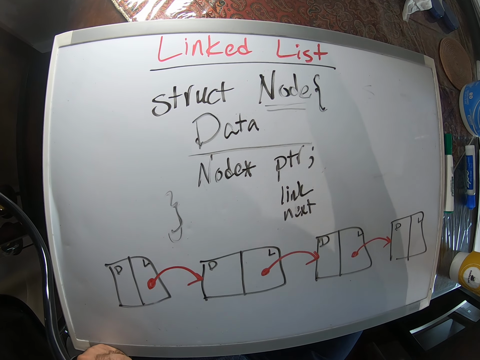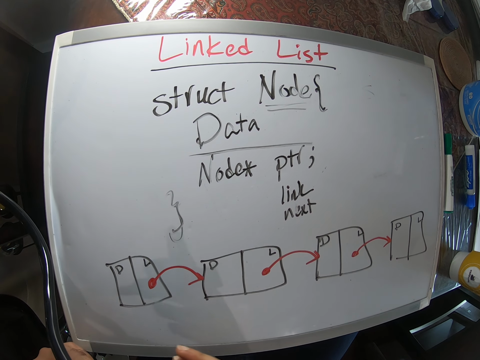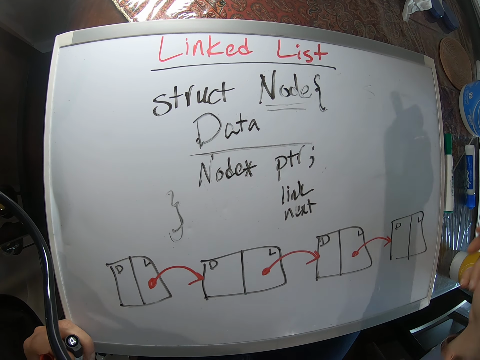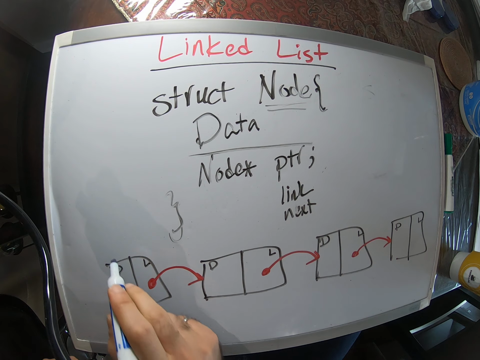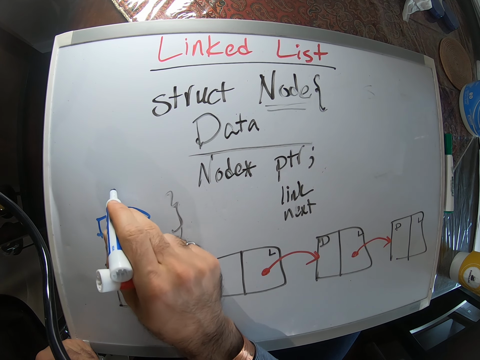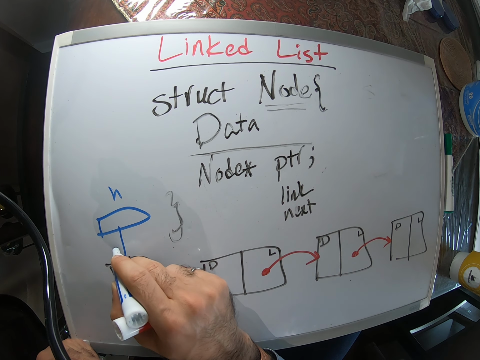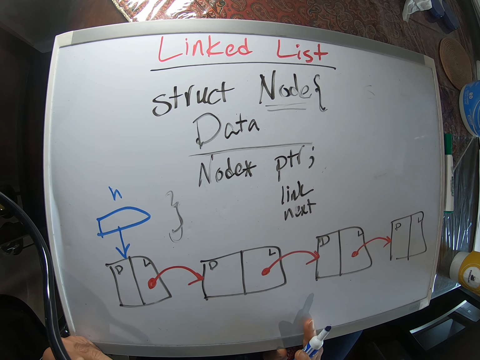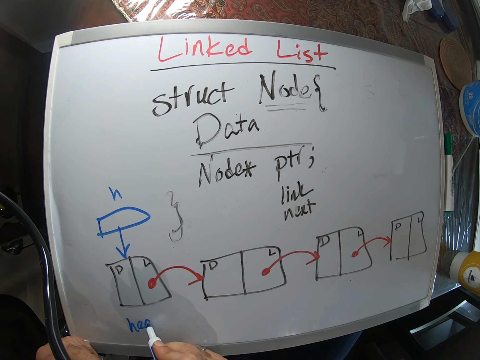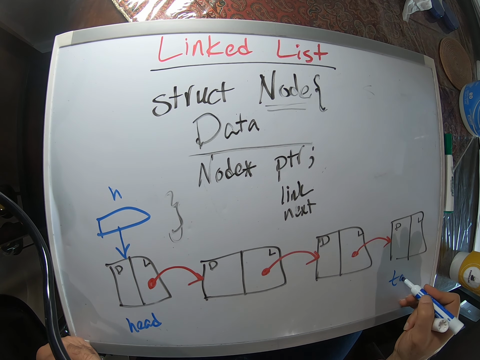Now, if you see here, there is one problem. How do we know where the list starts? So we always have to have a head pointer that points to the first node of our list, right? So this is called the head of the linked list. This is the tail of the linked list.